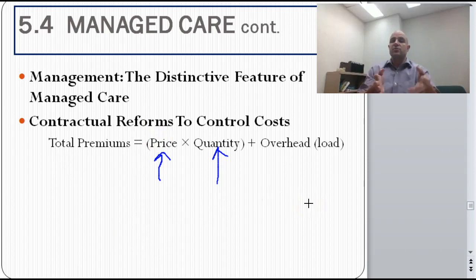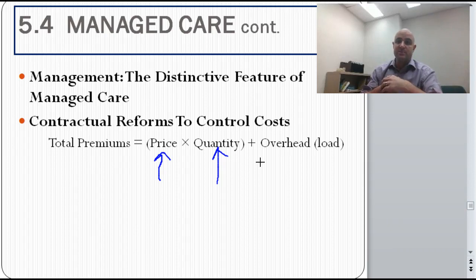So there are three broad ways that they try to cut costs. One is by reducing prices. You reduce price, premiums go down. They do this through negotiation. The second way is through quantity. They reduce the number of services, and total premiums can go down.